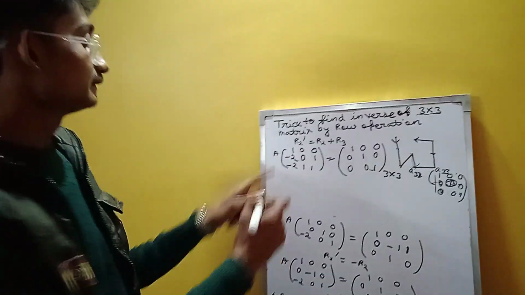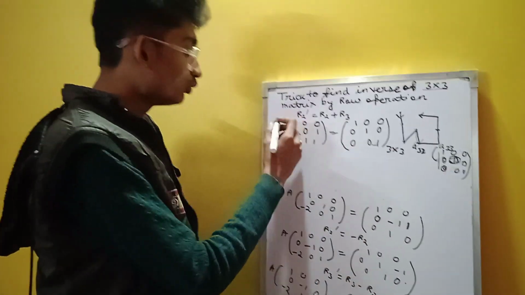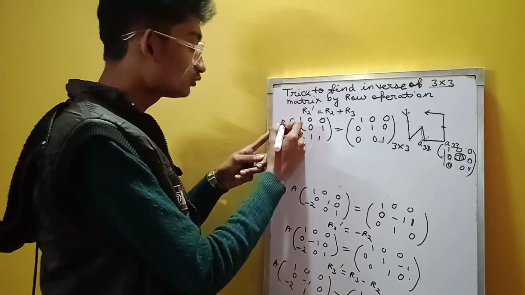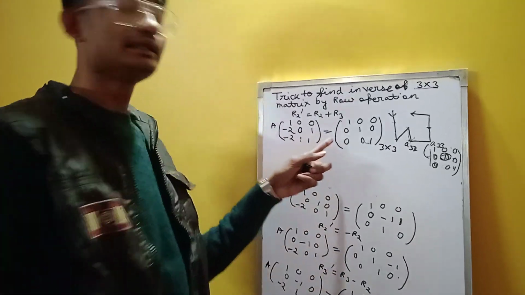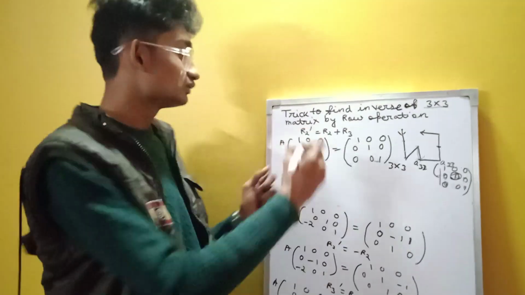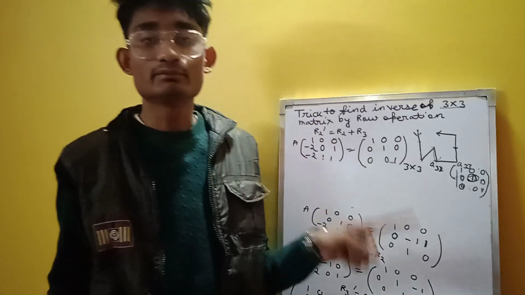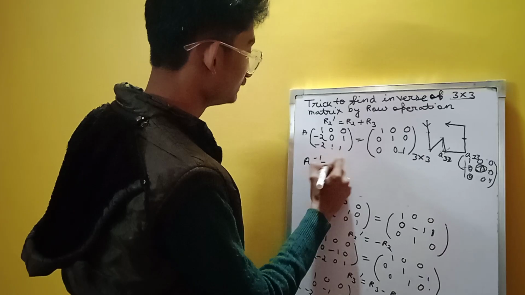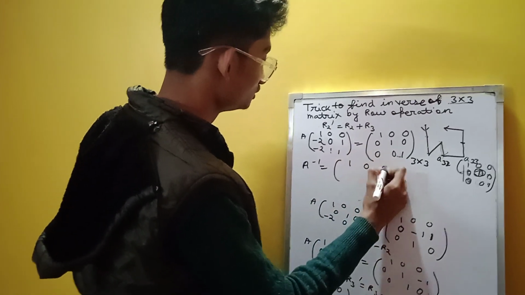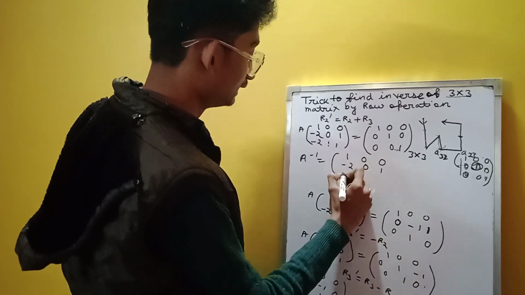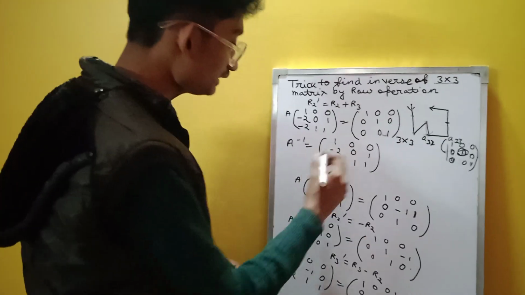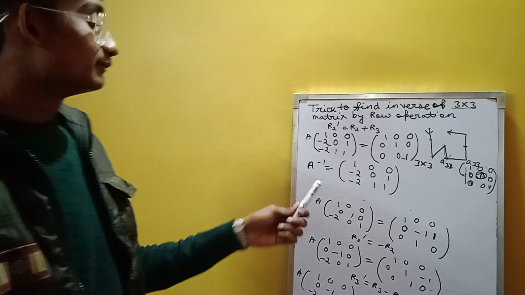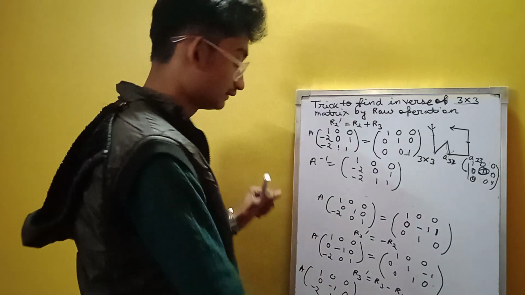When we multiply A with A inverse, it will result in the identity matrix. So this transformed matrix will be the inverse of the original matrix. So A inverse will be this matrix: 1 0 0, negative 2 0 1, and negative 2 1 1. This will be the inverse of the matrix.